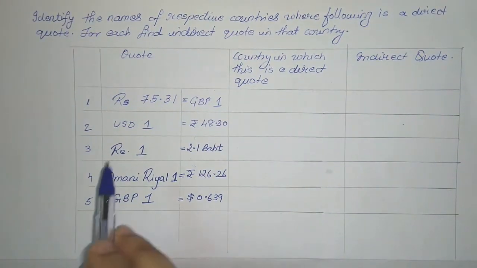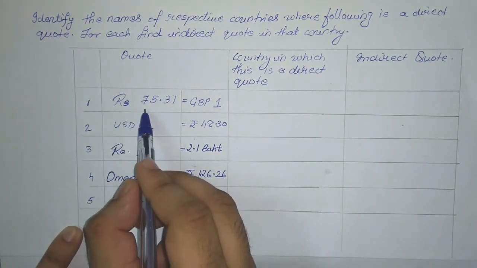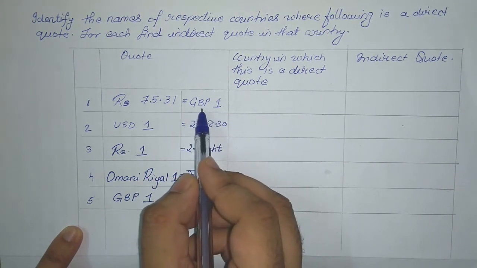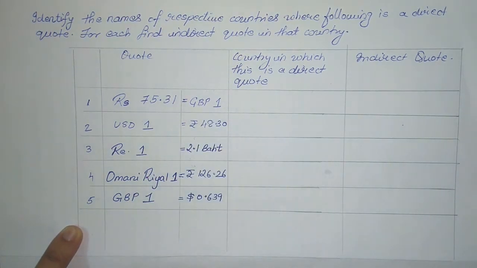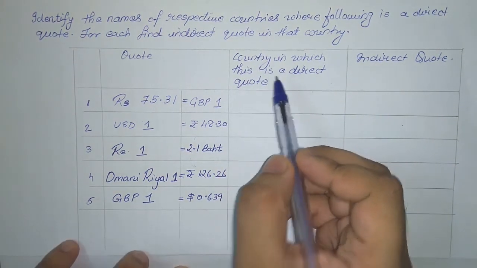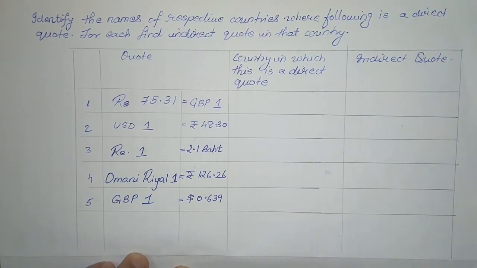Now we take the very first example. It is given as rupees 75.31 is equal to 1 Great Britain pound. Now we need to find in which country this is a direct quote. To remember this in very simple terms, always try to find the base currency. Base currency will be the one which is given as a single unit.